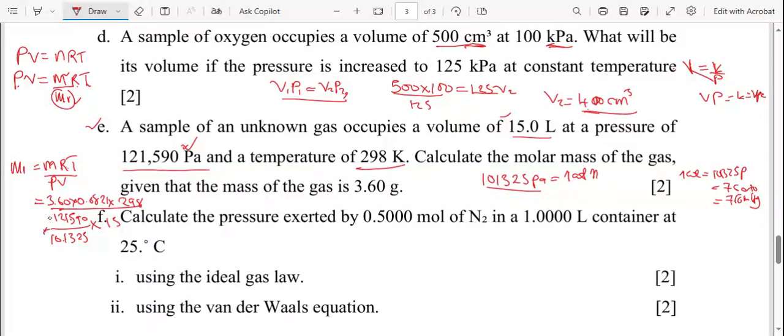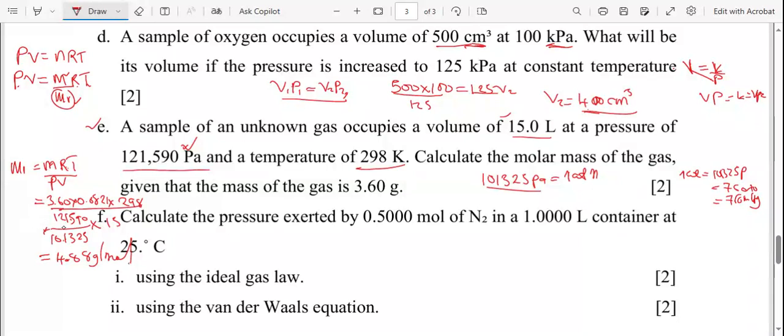I'm punching it on my calculator. Where's my calculator? Okay, when I punch this, it's giving me the molar mass as 4.88 grams per mole. All right, so that is it.